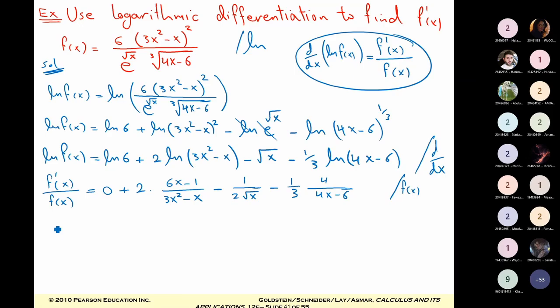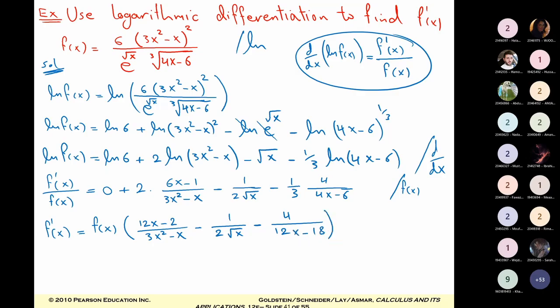So f prime equals f of x multiplied by (12x minus 2 over 3x squared minus x, minus 1 over 2 radical x, minus 4 over 12x minus 18). This is the f prime.